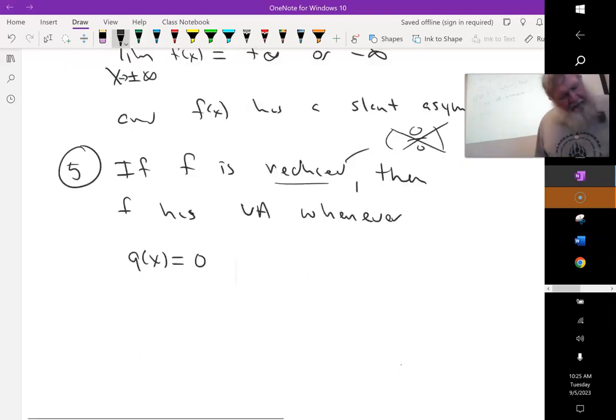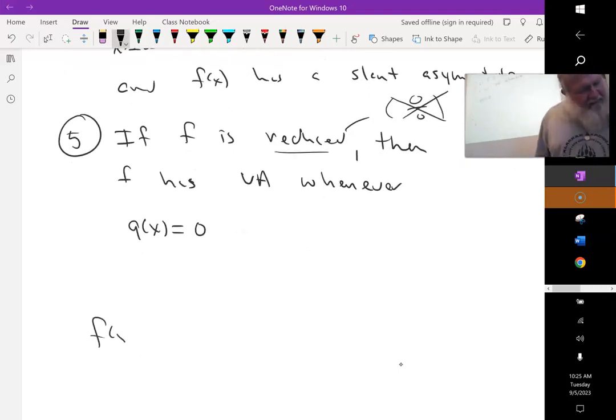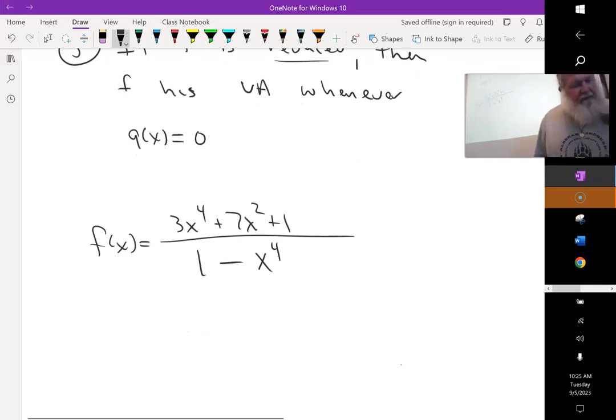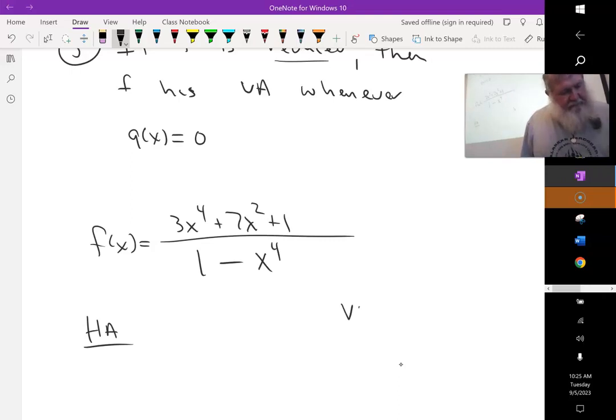So let's take a couple of functions here. Let's take f of x equals 3x to the fourth plus 7x squared plus 1 over 1 minus x to the fourth. And let's decide what are its horizontal asymptotes and its vertical asymptotes.